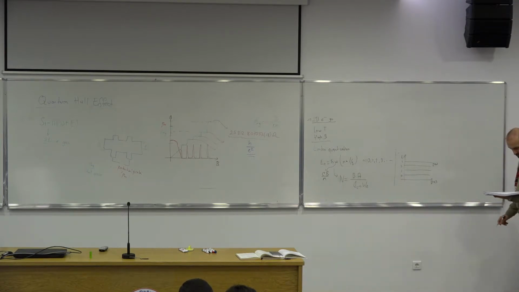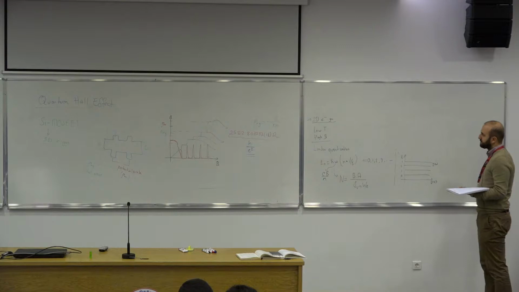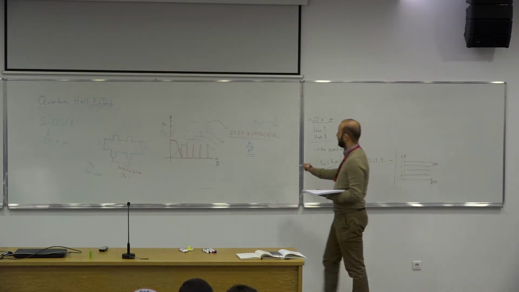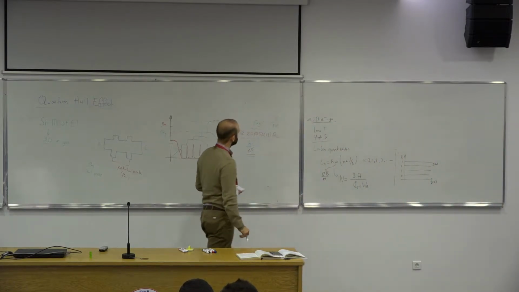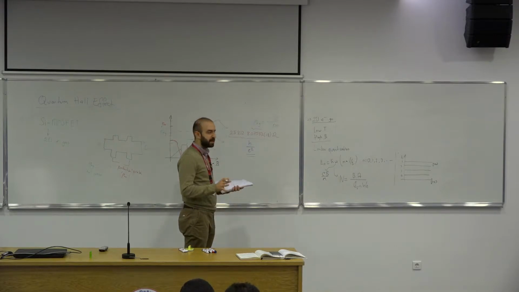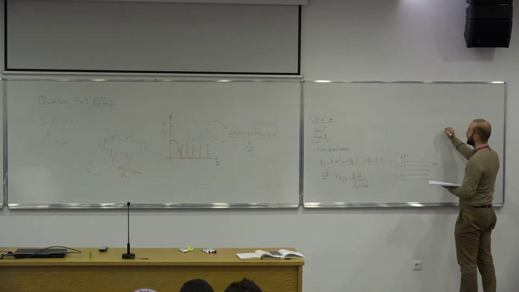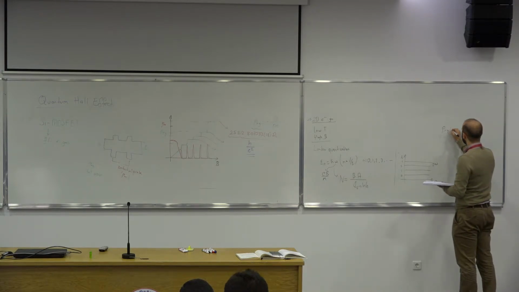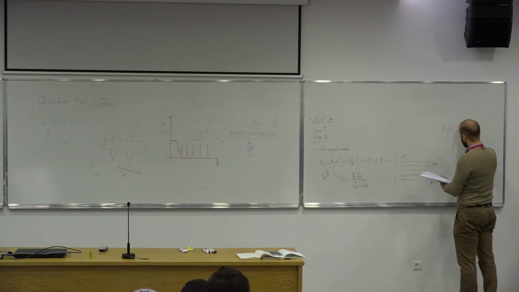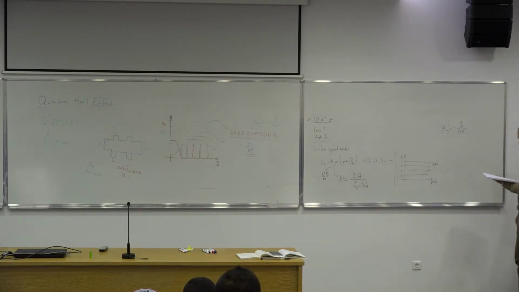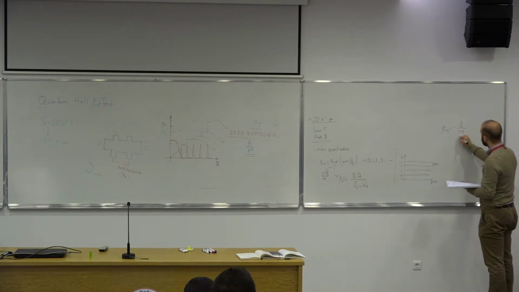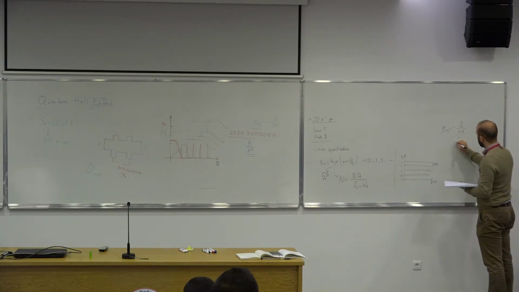Okay. Now what I'm after is finding an expression that gives me sort of this. So I'm going to do some sort of quasi-quantum, quasi-classical approach. So that rho xy is given by this expression, B over Ne. And this is the density of electrons.